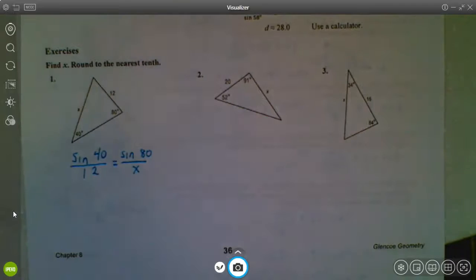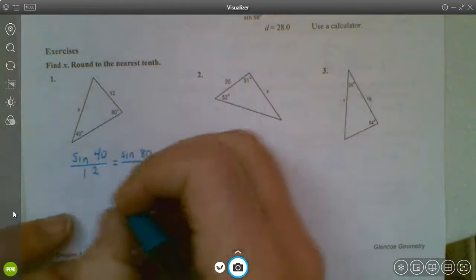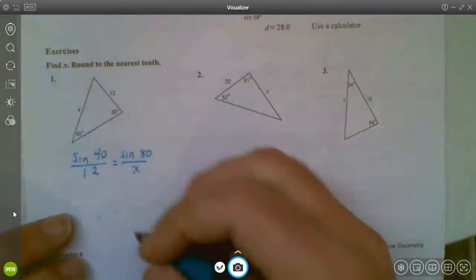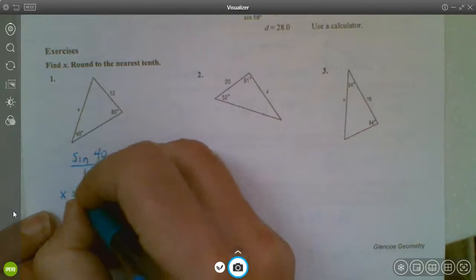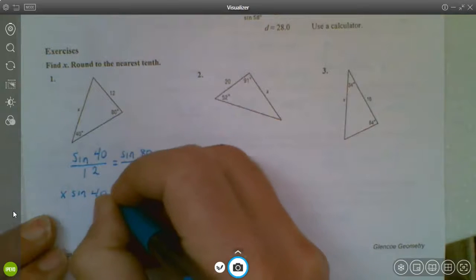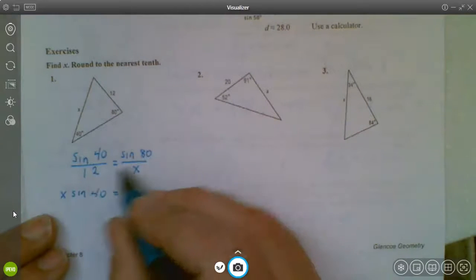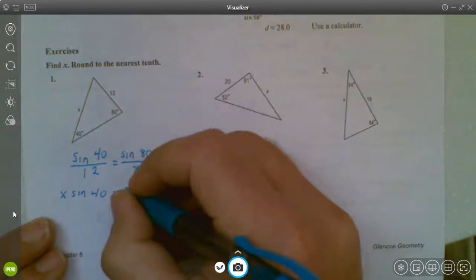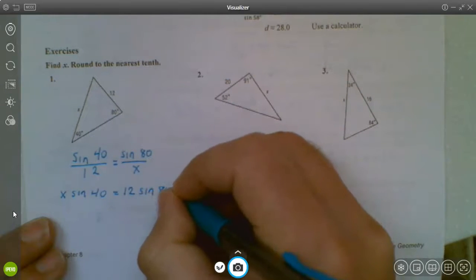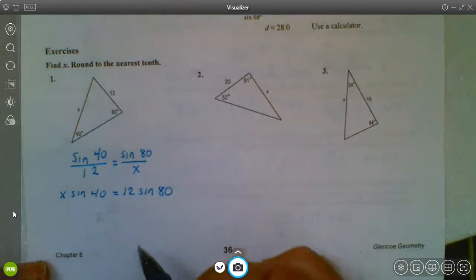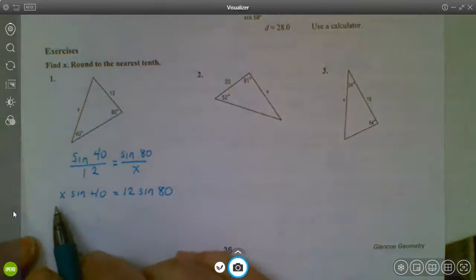Let's do a little cross multiplying here. So on one side, I got to multiply x times sine 40. On the other side, I'm multiplying 12 times sine 80. Looks like this. And then before I go to my calculator, I like to get x by itself first.